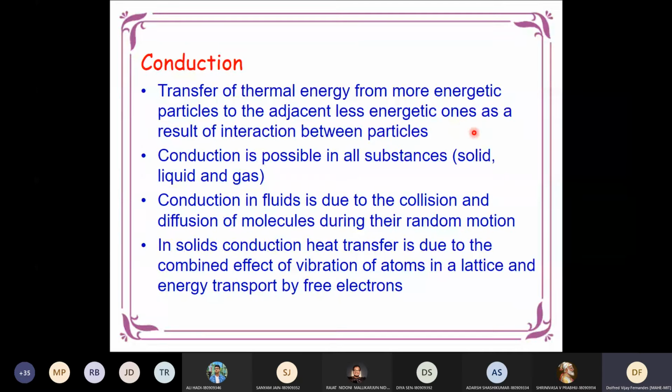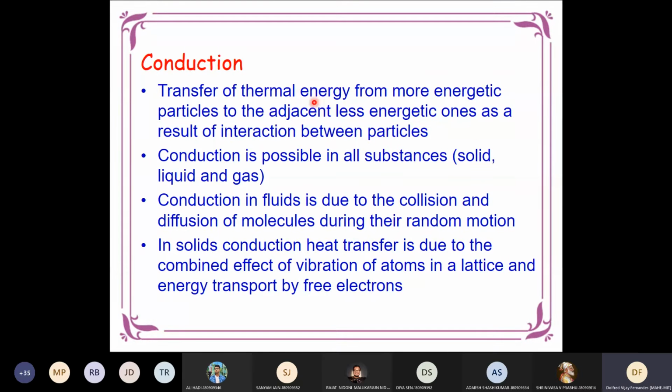Whereas in fluids, there is also random motion of the molecules. So when a fluid is heated, since molecules are free to move, their random motion will increase. The particles which are hotter have higher random velocities, and they collide with the nearest particles, and the energy transfer takes place.